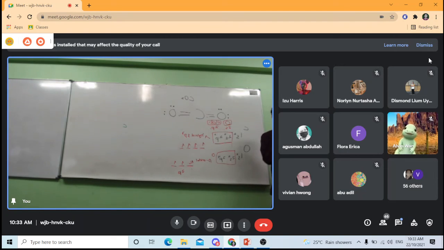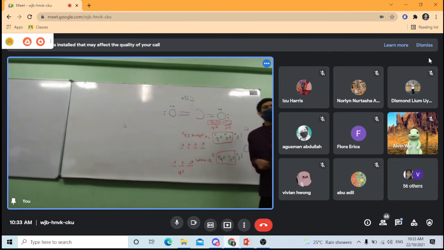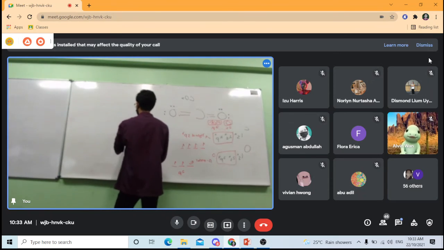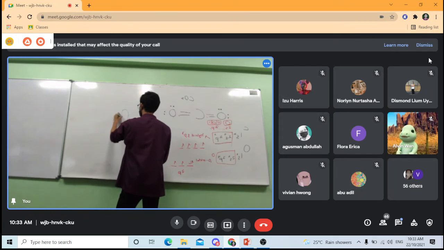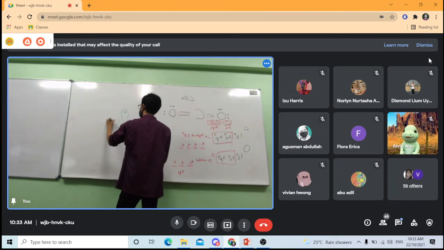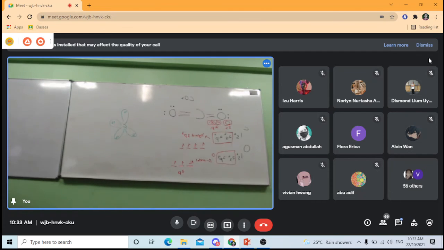Okay, apa shape dia? Macam mana nak tahu shape dia? Okay, tadi kita nak belajar pasal molecular symmetry kan? Completely based on that. Okay, kalau kita guna 1, 2, 3, 4, so shape dia adalah like that lah.